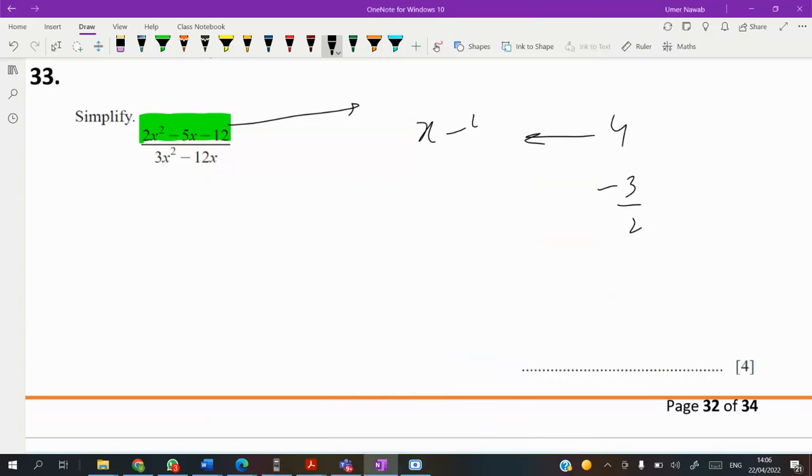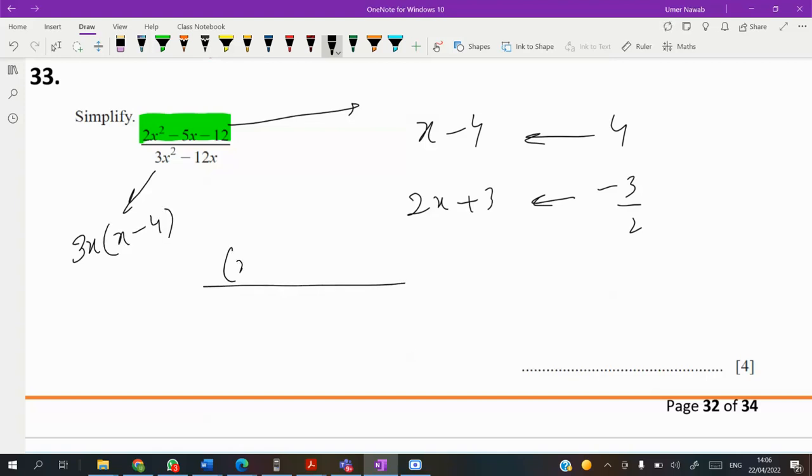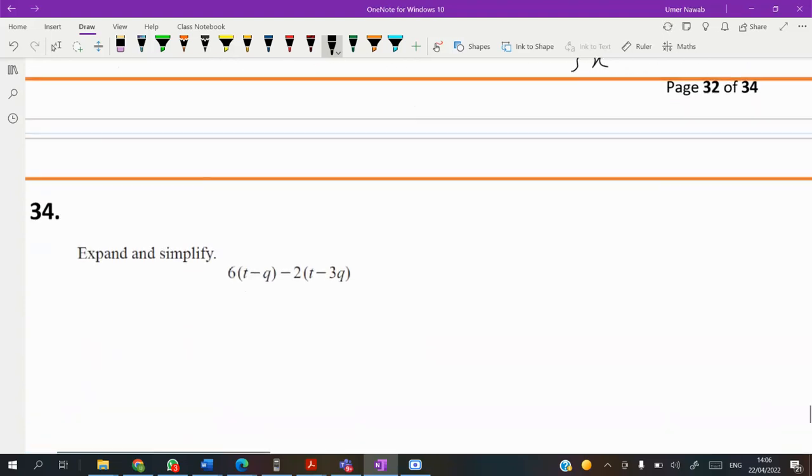In factor form, it is x minus 4 and 2x plus 3. In the denominator, 3x is common, so x minus 4. So I'm ready to write both factors up and down: x minus 4 and 2x plus 3 in the top. In the denominator, 3x and x minus 4. x minus 4 cancels, so we are left with 2x plus 3 over 3x.